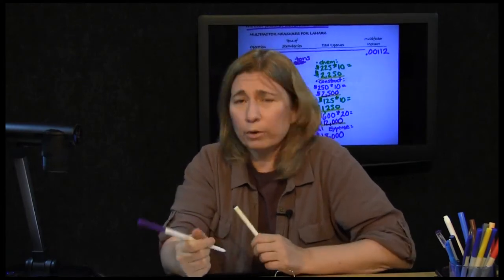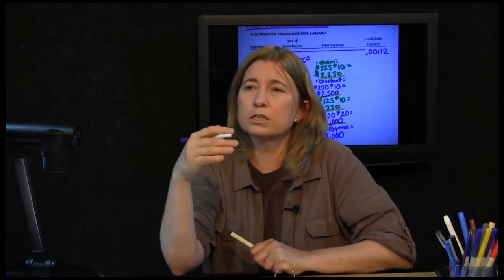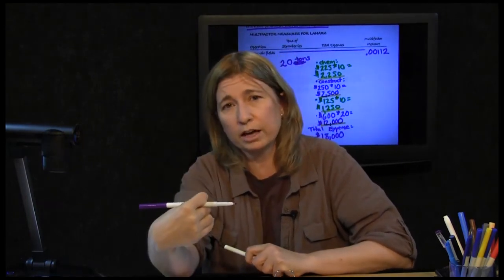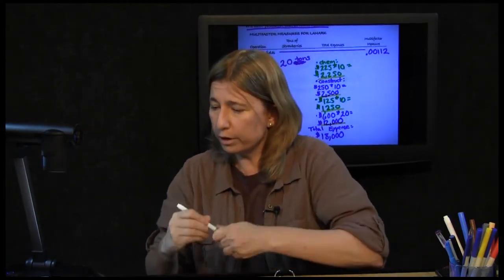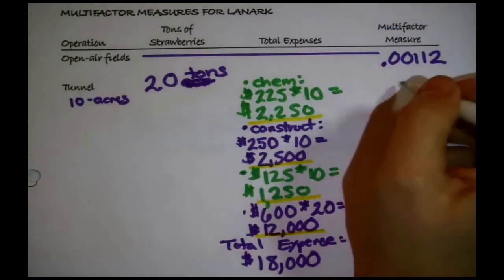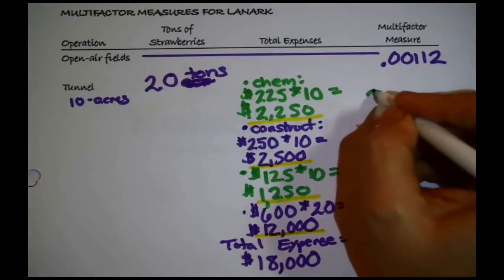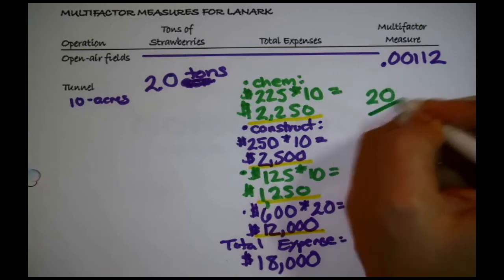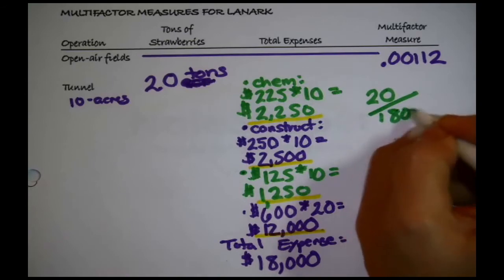Okay, now wait a minute, but that's not the answer all by itself, because the productivity measure that expresses the productivity of the high tunnel operation is the output, 20 tons of strawberries divided by the value of all the inputs. Oh, okay, so over here for tunnel operation, because remember this is what we got for open air fields. For tunnel operation, you take the 20, that's the output, and you divide it by the 18,000, right?